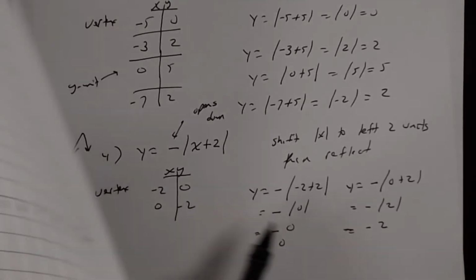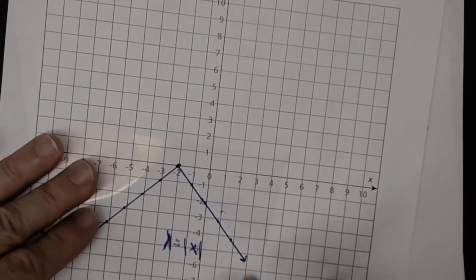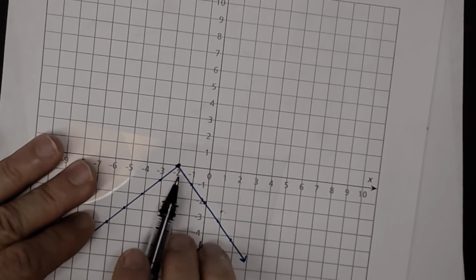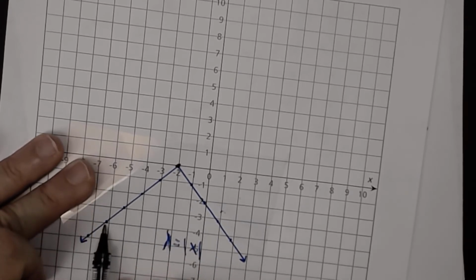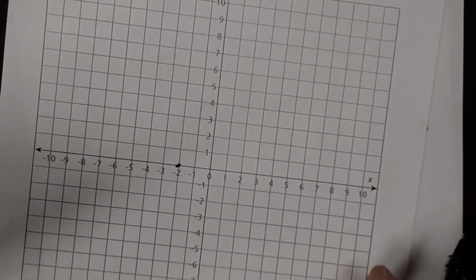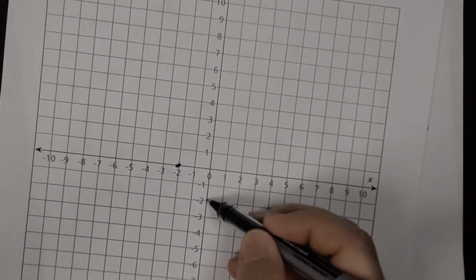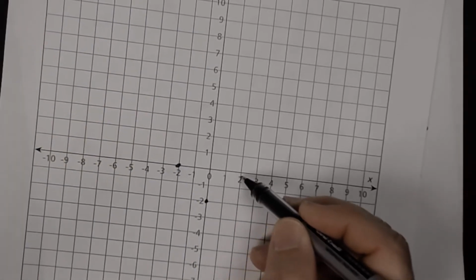And remember, we know that since there's going to be a reflection, all these y coordinates better be what kind of numbers right here? It better be negative. And so we do. So 0, negative 2 is here. Let's do one more on this side. Let's say 2, if x is 2.